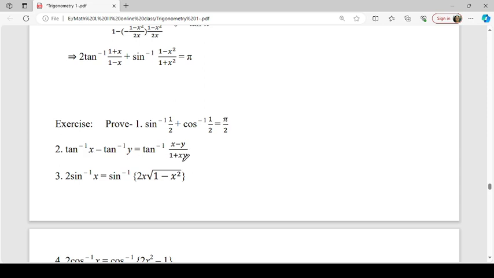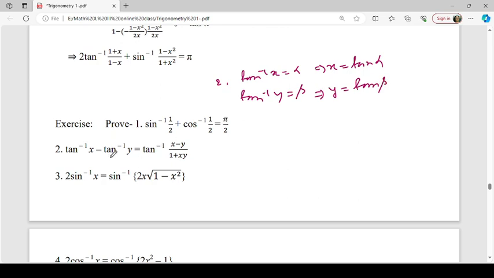Then tan inverse x plus tan inverse y, that we have got, so this also, number 2, we do: tan inverse x is equal to alpha, and tan inverse y is equal to beta, we are assuming it. Then this implies x is equal to tan alpha, and y is equal to tan beta.